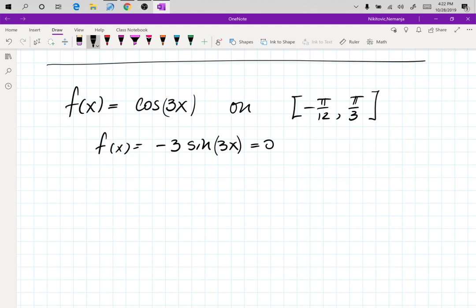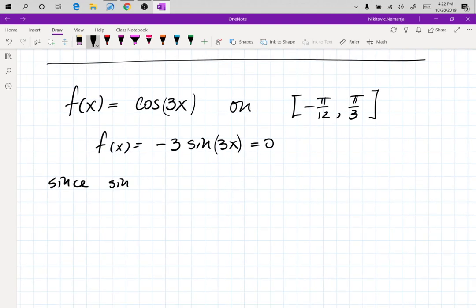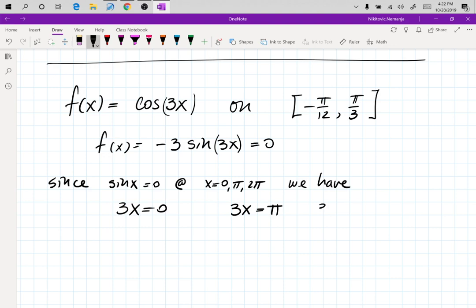Sine is 0 at 0, pi, and 2 pi. So since sine x equals 0 at x equals 0, pi, and 2 pi, we have 3x equals 0, 3x equals pi, and 3x equals 2 pi.